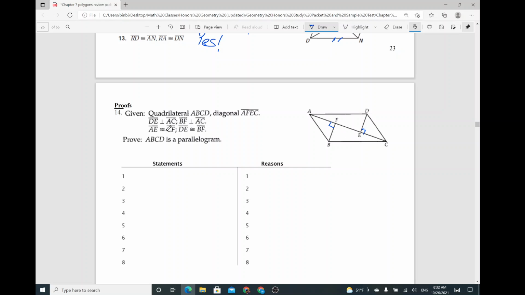And then AE is congruent to CF, so this line segment here is congruent with this line segment. Let's put the mark like that. And then DE right here is congruent to BF. So we want to show that ABCD is a parallelogram.